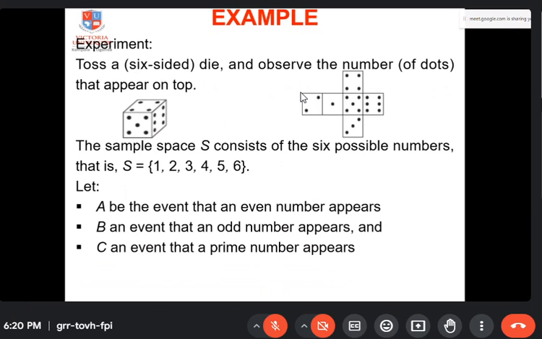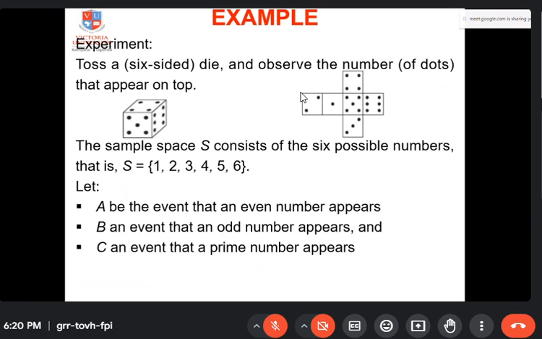So if now we talk again about 3 events, event A is an event where an even number will appear. So what do we have in A? We shall have 2, 4, and 6. Very good. So event A will be having elements 2, 4, and 6.